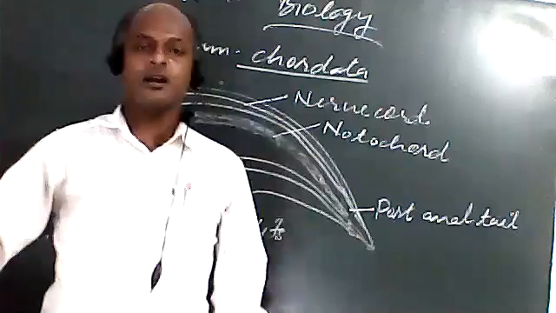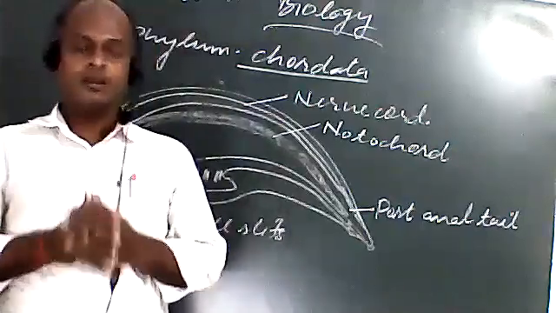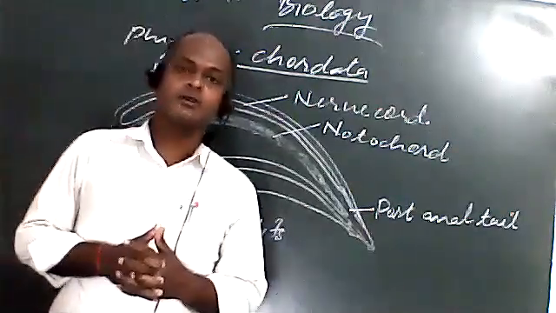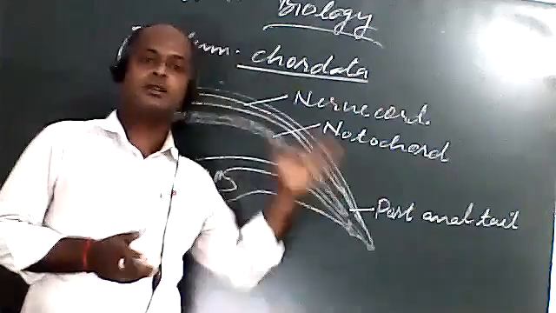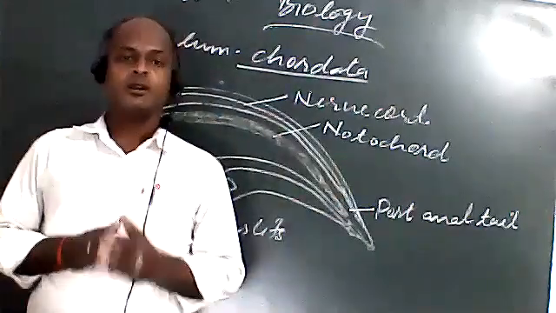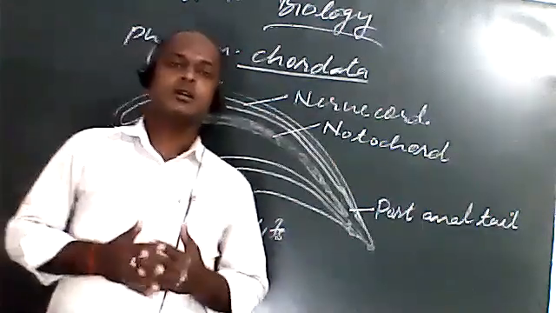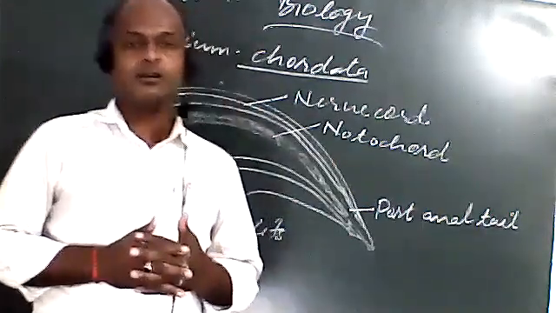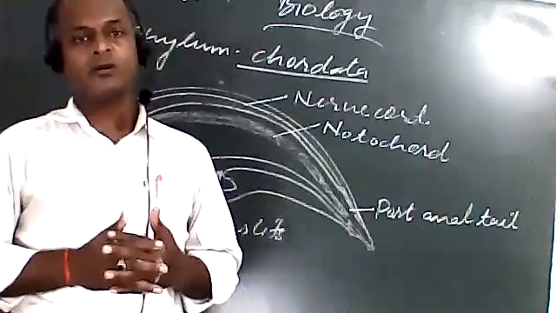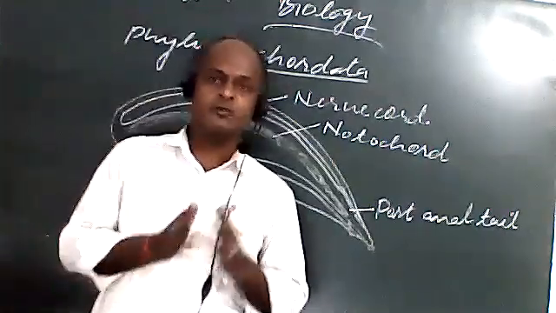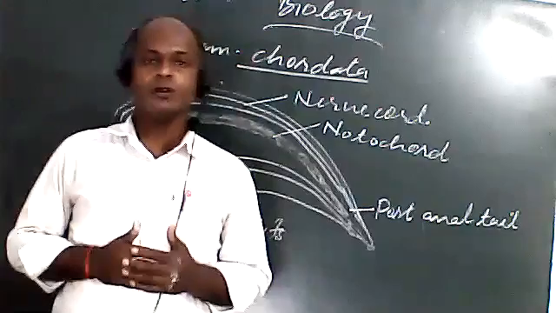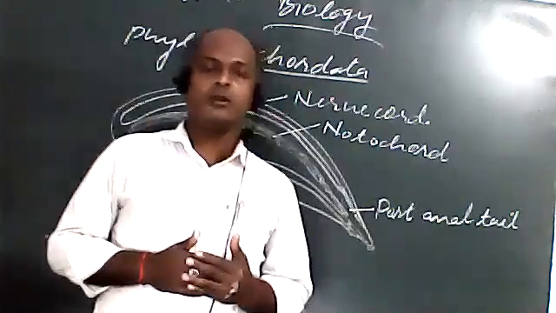On the basis of the presence of these parts in the body of organisms, they are divided into two parts. One is called non-chordate, under which we have studied organisms belonging to phyla from Porifera to Hemichordata.